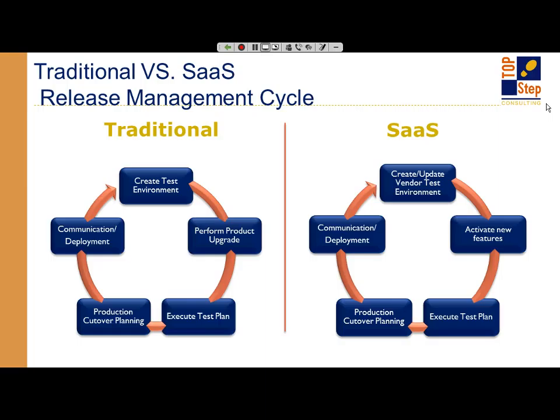But then from that point, you continue with the rest of the cycle, almost in lockstep between the two environments: doing a test plan, planning when you're going to put that in production, and then communicating those changes, and just continuing the same thing. So in the traditional versus SaaS model, your test environment may get stale after a while, but the SaaS model will always have the correct baseline underneath it so you can activate new features at any time.